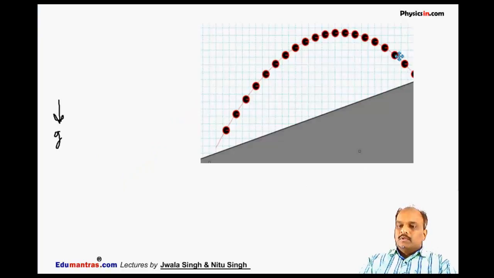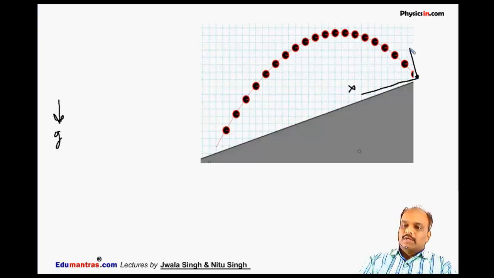Now if we project this particle from here, let this point be the origin, this be our x-axis, and this be our y-axis. Acceleration due to gravity will always act vertically downward.